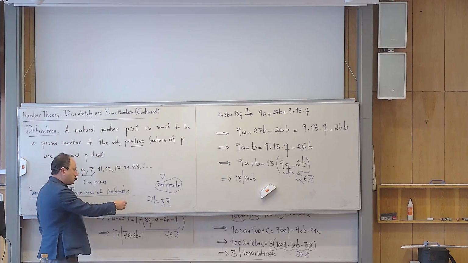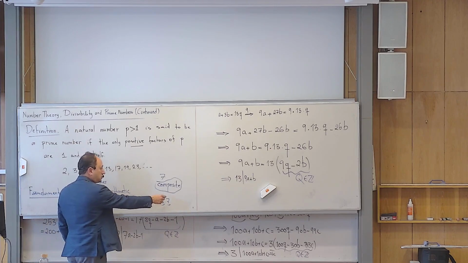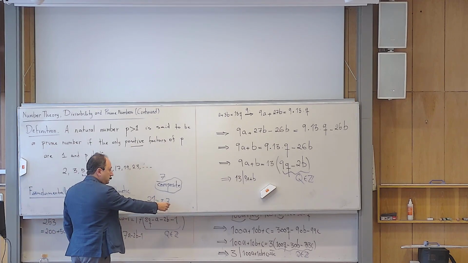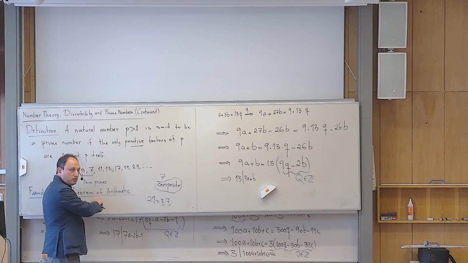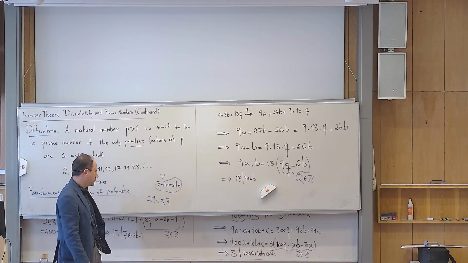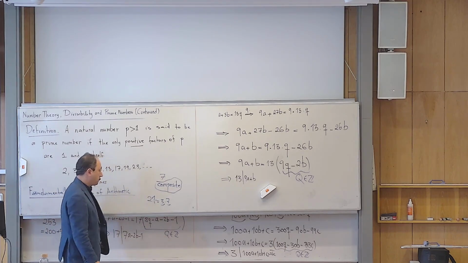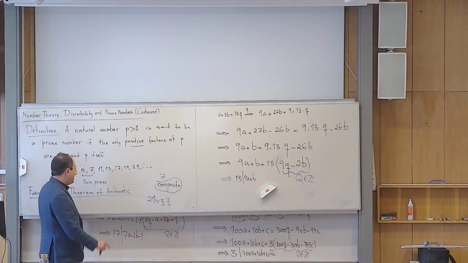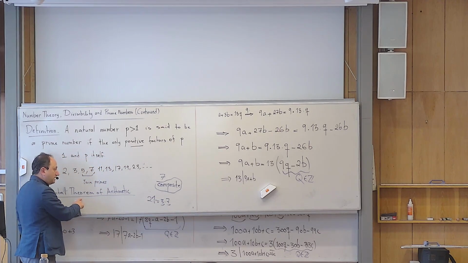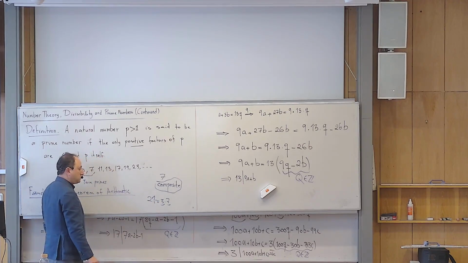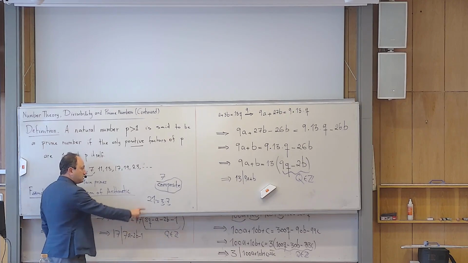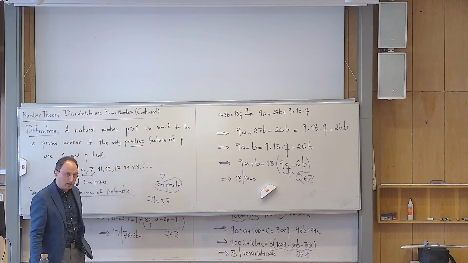So if you write your number as a product of prime numbers, which is always guaranteed to be possible based on this theorem, that is called the factorization of the number into prime numbers. Then this theorem also claims that if the order of these numbers doesn't matter, then this factorization is also unique.